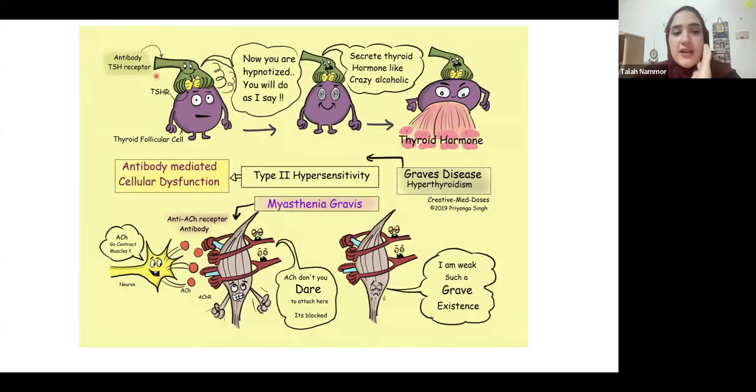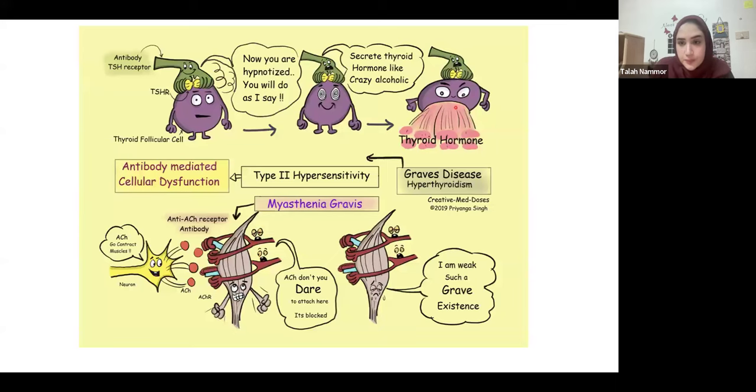Yeah, exactly. It's going to gaslight it and say, hello, I am TSH, so start secreting. So it will agonize the TSH receptor. The thyroid gland just goes crazy and produces thyroid hormones, and that's how hyperthyroidism happens.